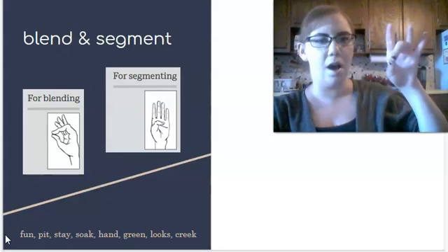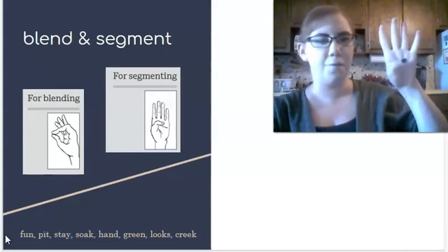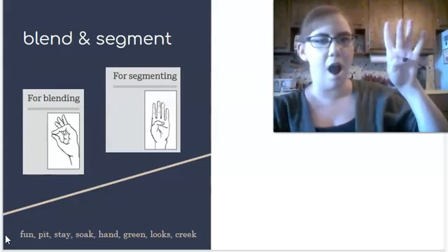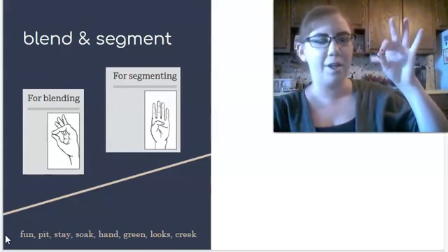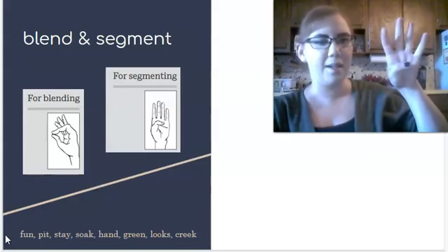Look. Looks. 4 fingers for looks. Last one. Creek. 4 fingers for creek.